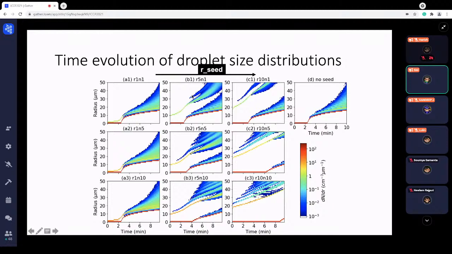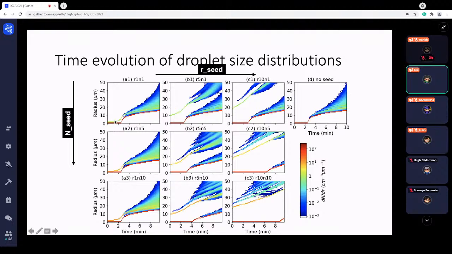We can see the same response in the mode separation if we increase the number concentration of the seeding particles.